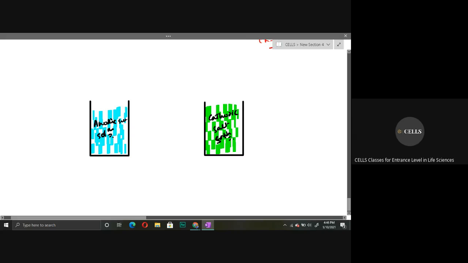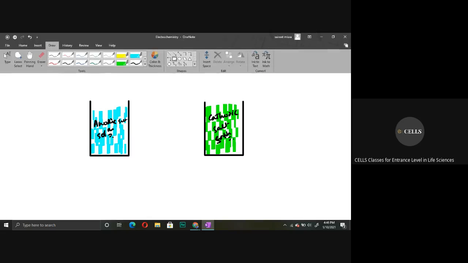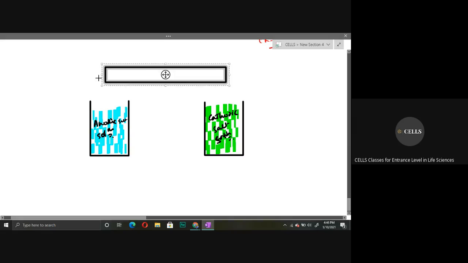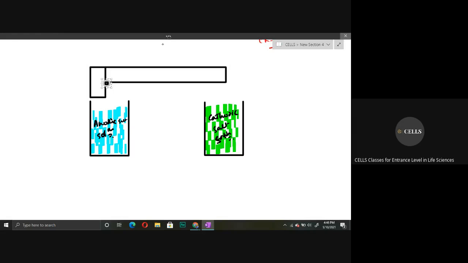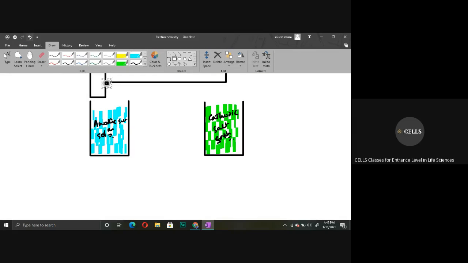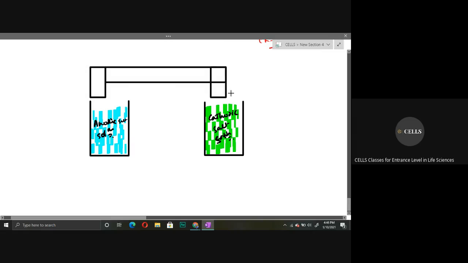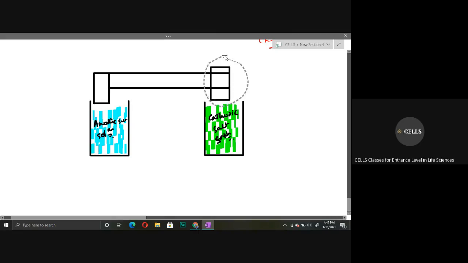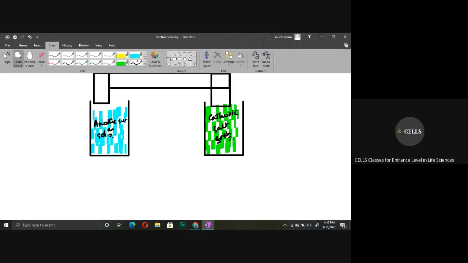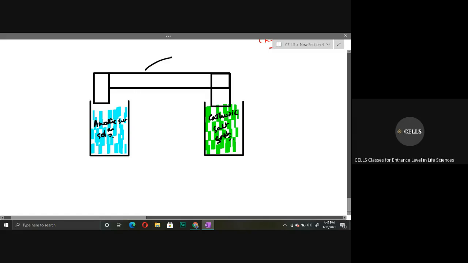And in between the cathode and the anode, there is another kind of structure. This structure is known as the salt bridge.